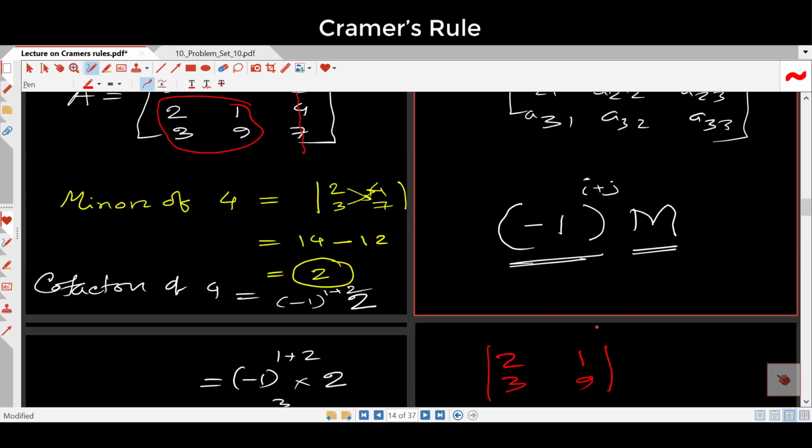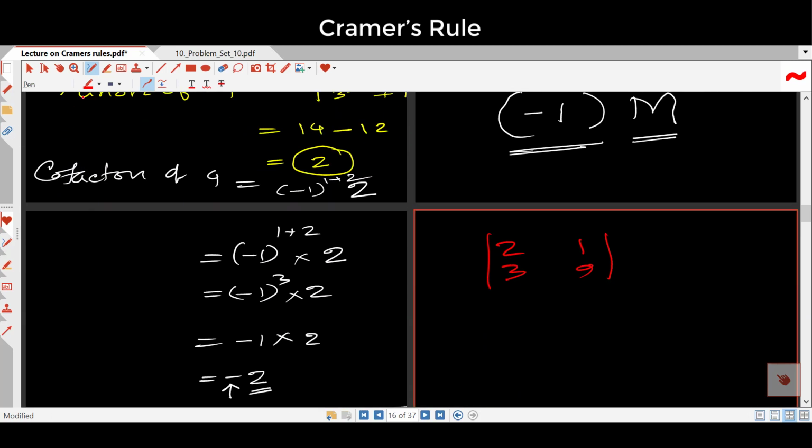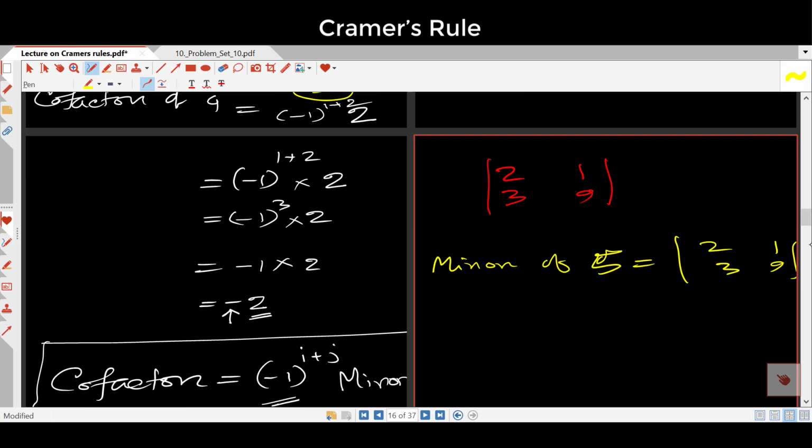That will be the minor of this 5. So we can write that the minor of 5 is the determinant of 2, 3, 1, 9. What is the determinant of any 2 by 2 matrix? You already know. That is 2 times 9 minus 3 times 1. That is 18 minus 3, 15.